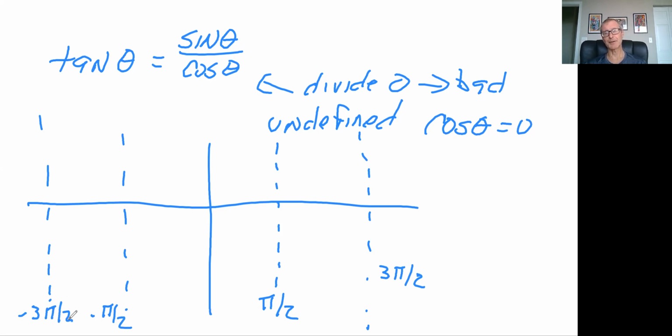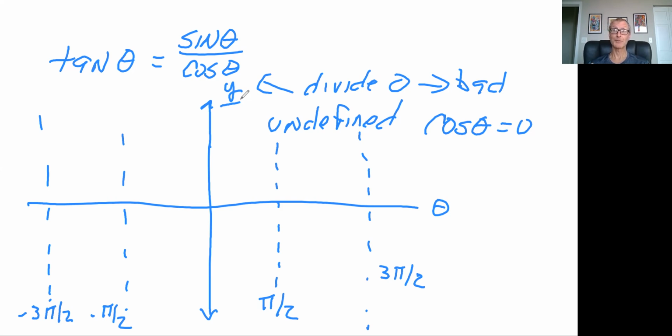Okay, so the next thing is, what is the value of the tangent at 0? If this is our theta, so call it x, and this would be the output y, where is our 0 point? Well, that occurs when sine equals 0.